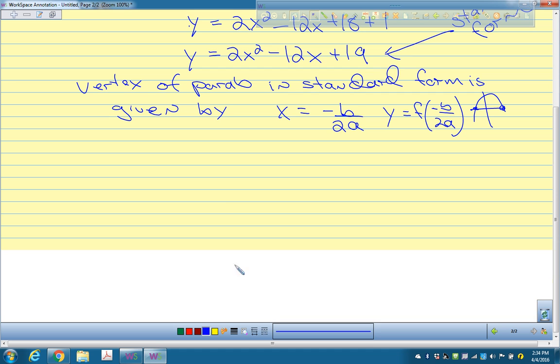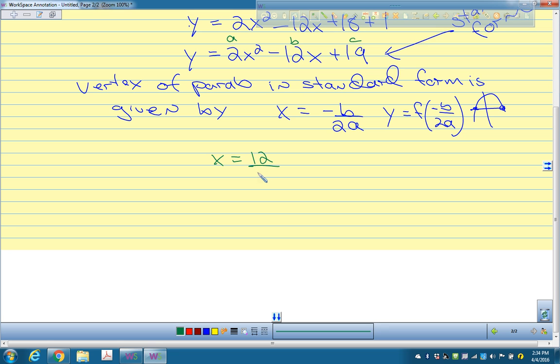For instance, on this problem that I just made up. Remember what we learned for the quadratic formula? This is a, this is b, and this is c. Who can tell me what negative b over 2a is? x equals, what's negative b? 12. Okay, negative b is 12.